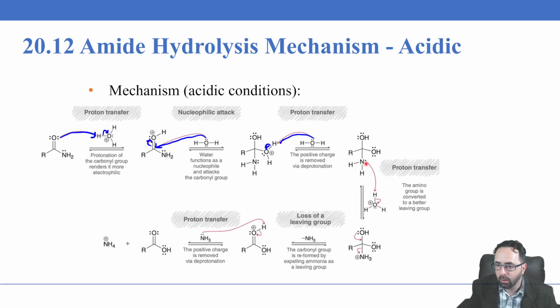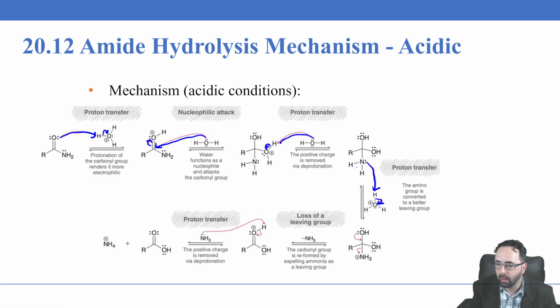This amine now can be protonated by the acidic environment, and so whereas before we had an amide, now we have an amine. And the amines behave as bases, so in an acidic environment they're going to accept a proton from the acid here. And note that this acid was recovered. This is catalyzed by the acid because this acid is recovered in this step here, right? And then it's used to protonate the amine.